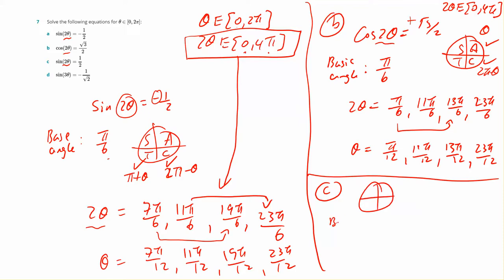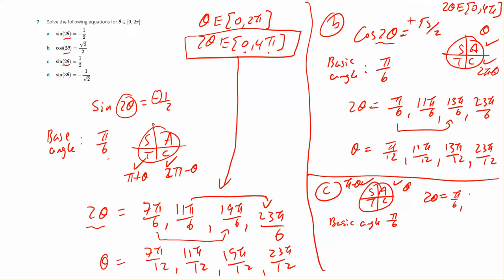My basic angle is sine of pi over 6, which gives me a half. Where is sine positive? In the first and second quadrant. So that's theta, and that's pi minus theta. Okay. So again, 2 theta equals... we want a solution between 0 to 4 pi. I'll write that because we don't have space. So our first quadrant solution is pi over 6.